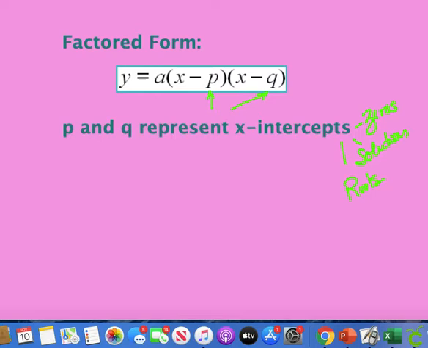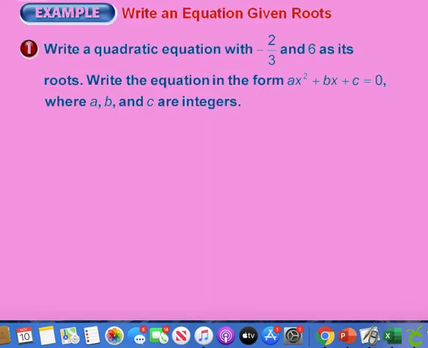So let's look at a problem where we're going to use this factored form to find our quadratic equation. In this problem, it says the quadratic equation has -2/3 and 6 as its roots. That means if I solved it, x would equal -2/3 and x is equal to 6. That's where we're going to cross the x-axis.